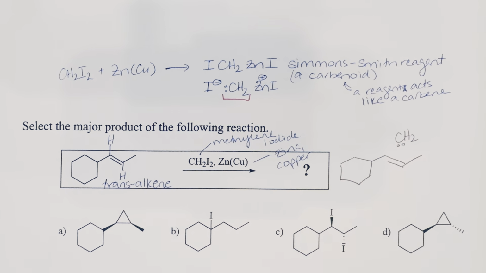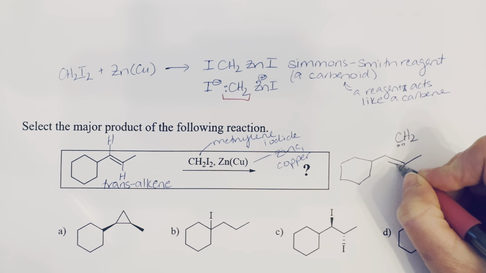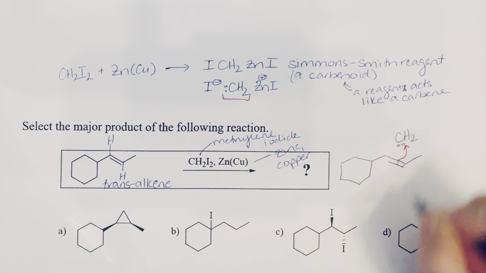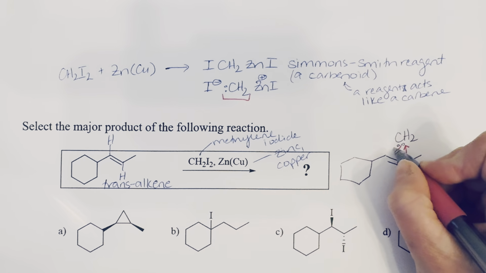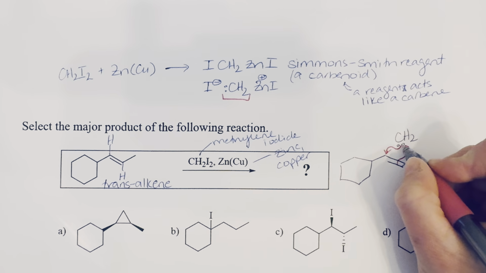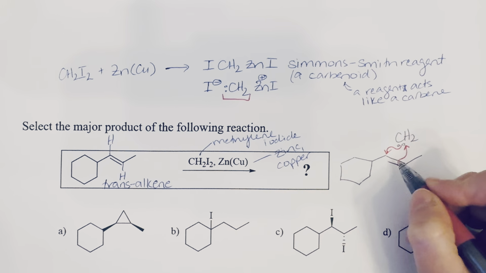So what you've got here is a carbon that has a lone pair of electrons, so it can be a nucleophile, but that carbon is also electron deficient. We see it only has 2 bonds to hydrogens plus the lone pair, so it can also act as an electrophile. So what happens when it reacts with the alkene is a concerted reaction where the pi electrons of the alkene will attack the carbene at the same time as the lone pair from the carbene attacks the alkene.